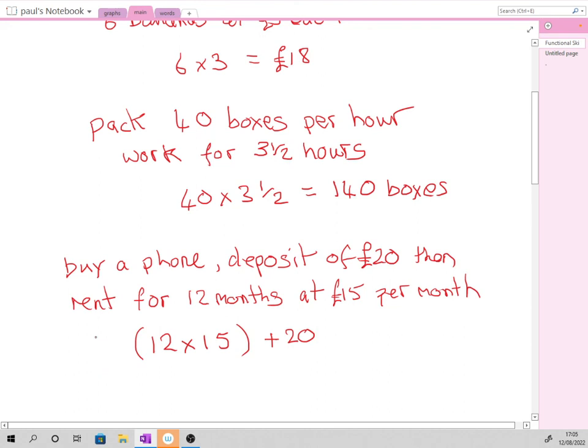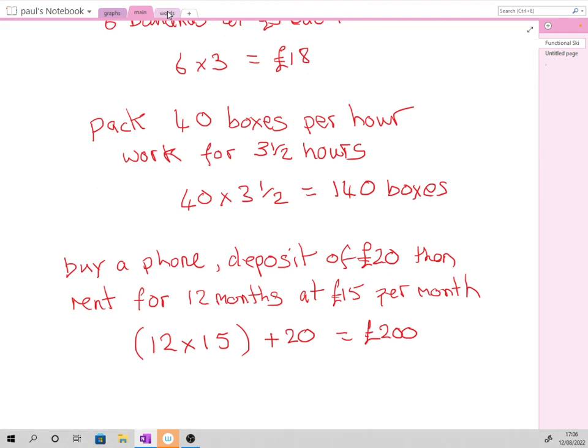It could be at the beginning, 20 plus 12 times 15, and of course we're going to need the calculator for that one. 12 times 15 equals 180, plus 20 is £200. So you've made your own little formula there. The months times the rental plus the deposit is how much you're going to pay. So that's two steps. So let's have a look at some examples.